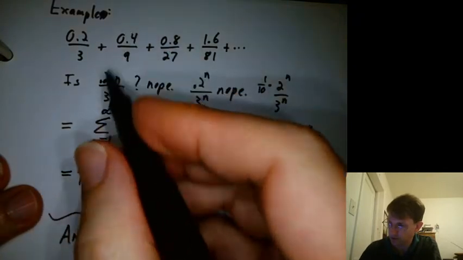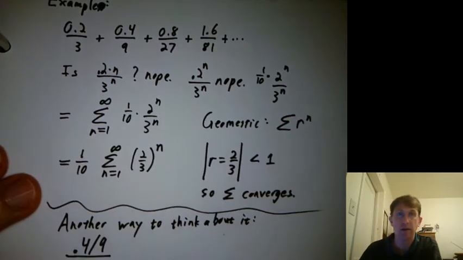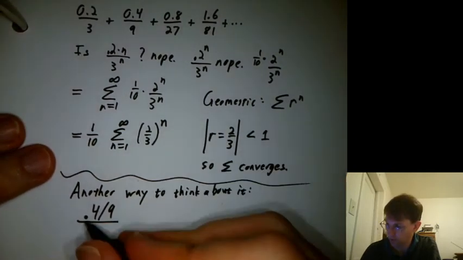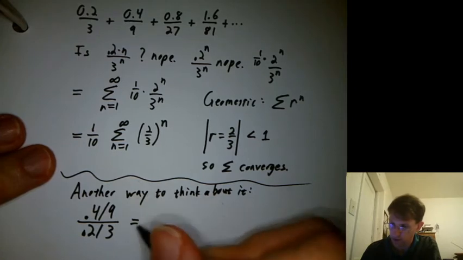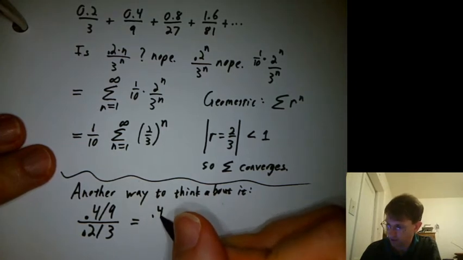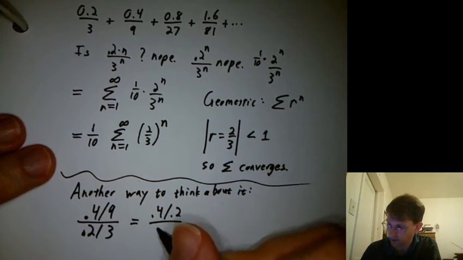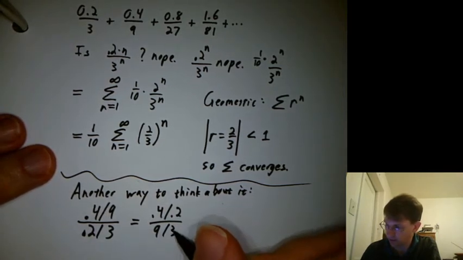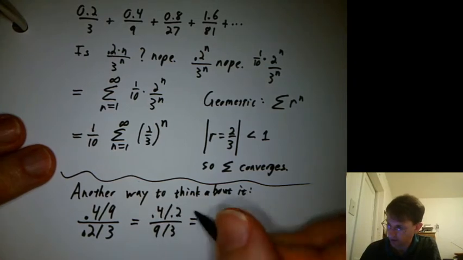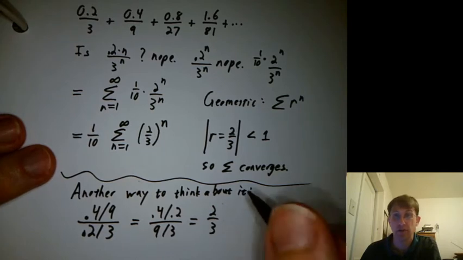Let's take the second term here, 0.4 over 9, and divide by the first term, which was 0.2 over 3. If you do all that arithmetic, another way to think of it is the denominator here becomes the numerator, and you get that top is 2 and the bottom here is 3. Kind of interesting.